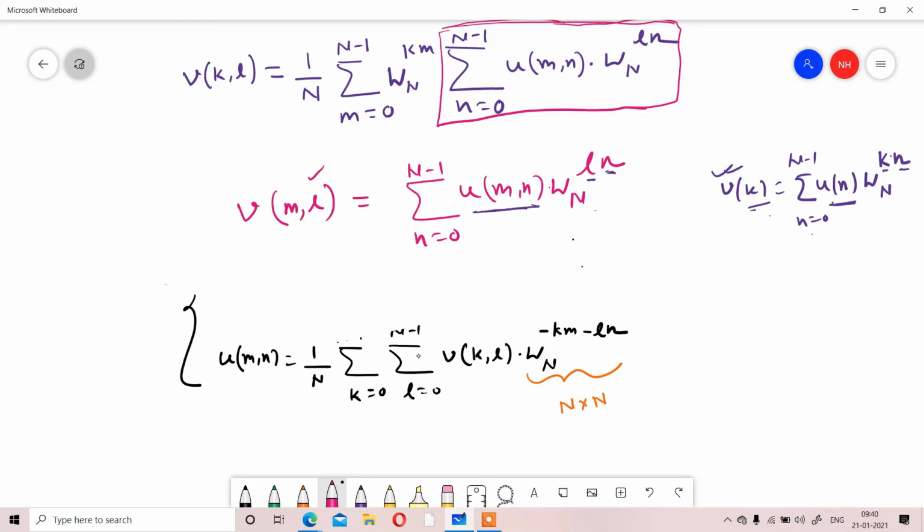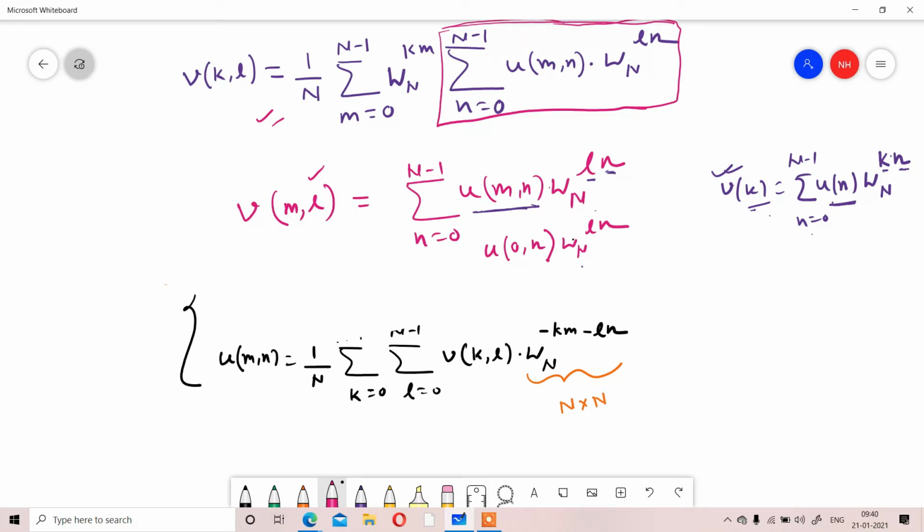Means what? In that expression, when you are considering m equal to 0, that box operation is happening like that. For m equal to 0, you are considering n varying from 0 to n minus 1.